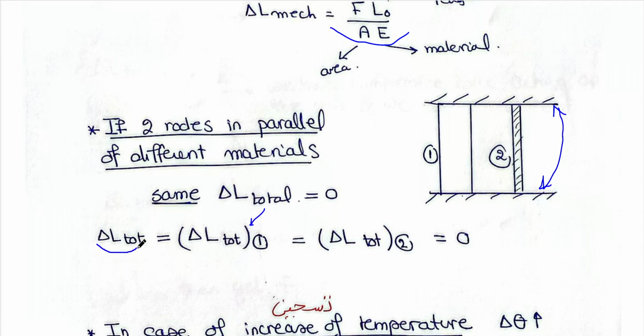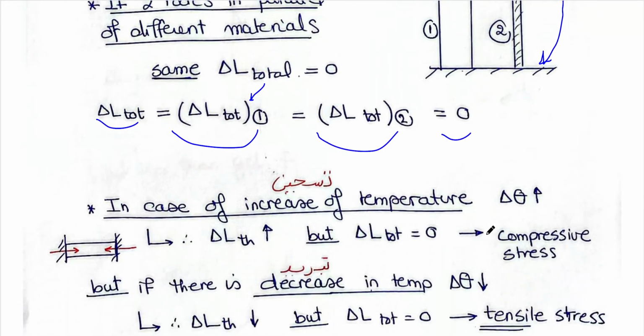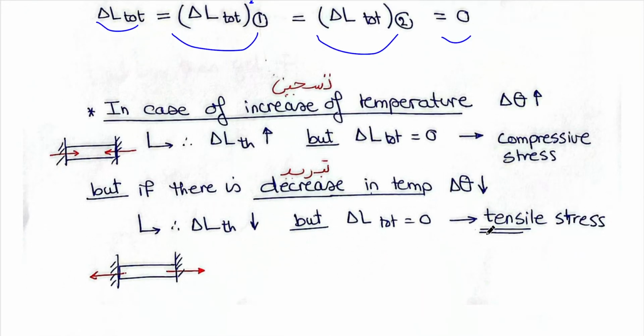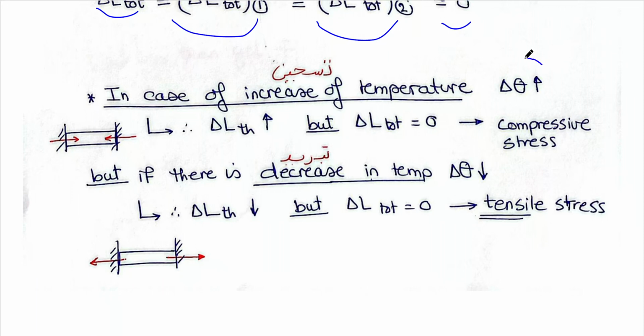So delta L total is 0, delta L1 is 0, delta L2 is 0; all are equal to 0. Also note that in case of an increase of temperature, delta L thermal is trying to increase, but I'm preventing it with the walls, so I have compressive stress.